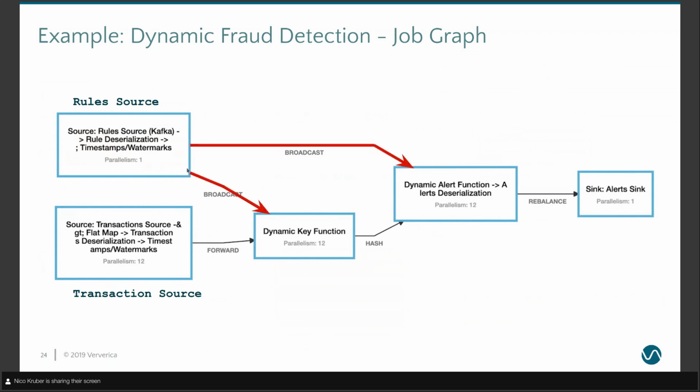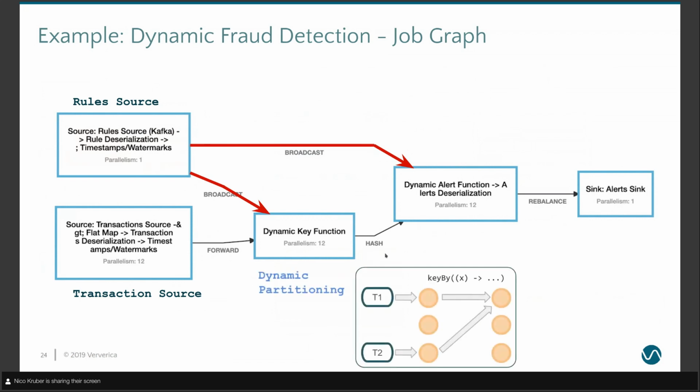Those rules are then broadcast to your application logic. We have to wire things up quite statically, but this graph doesn't mean that the whole thing is static. What we are using here is, for example, a pattern that we call dynamic partitioning. We send messages to the appropriate node of the next box based on those dynamic rules.